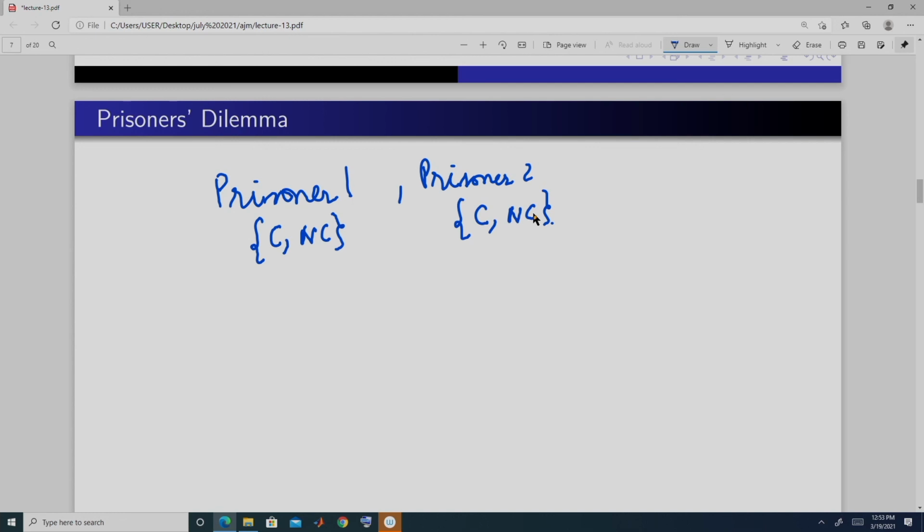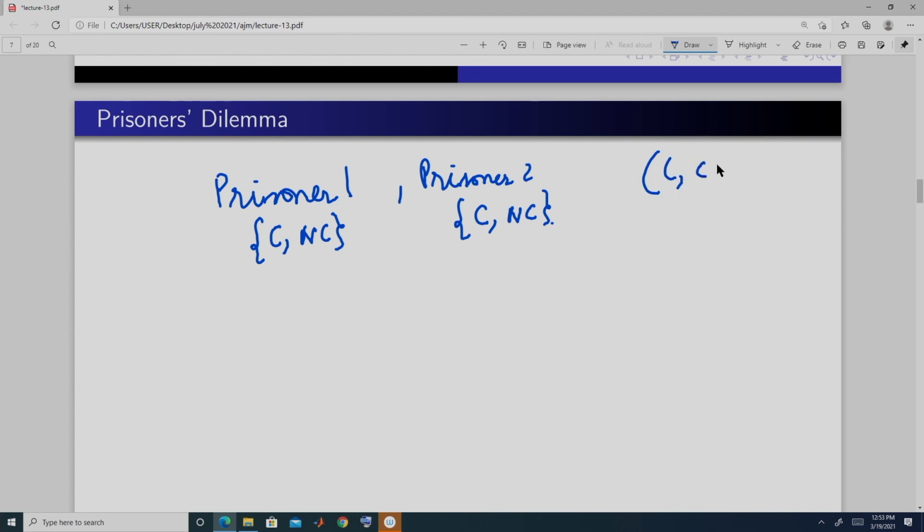So, how many combinations do we have? Combinations of outcomes. So, this is CC, both of them confess, okay, or it is, wait, let us define the combination not through this.